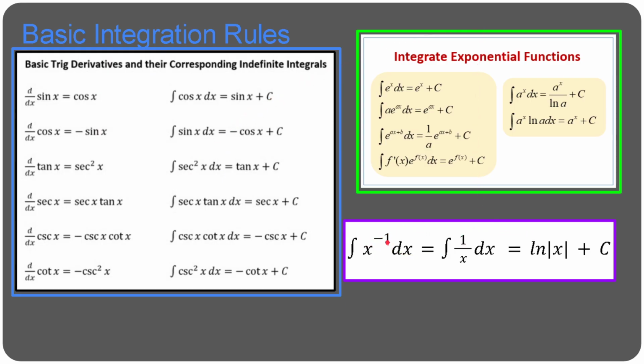The integral of 1 over x, this is an interesting one, is equal to the natural log of the absolute value of x plus c. Obviously that's because we know that the derivative of the natural log is 1 over x. The reason why the absolute value is there, I don't know fully how to explain it, but you would have to separate it into piecewise functions.